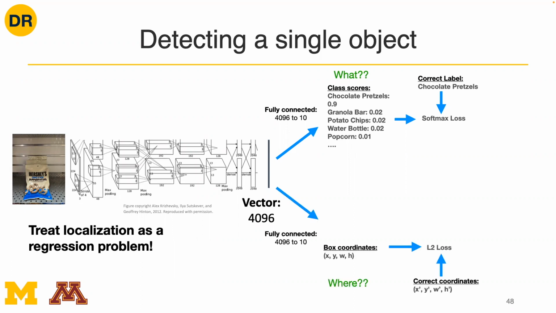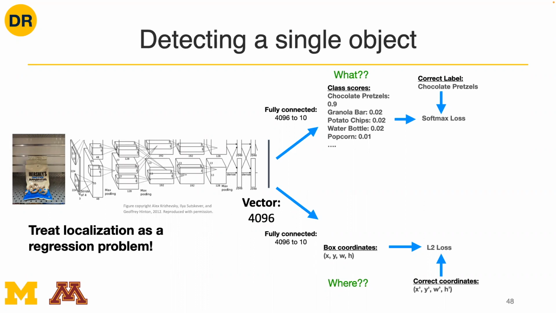You can also use the same features and train a regressor that will regress the bounding box coordinates, which is the x, y, width and height of the bounding box in your image. As we saw earlier, softmax loss is good enough to do linear classification, especially classifying into one of these labels, whereas L2 loss is probably preferred when you're trying to regress bounding boxes.